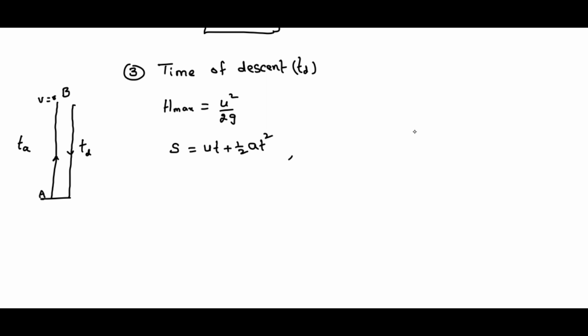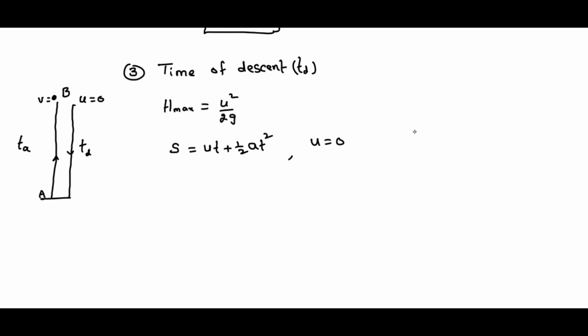In the case of downward motion, u will be 0. In the case of a vertically upward thrown body, v is the final velocity; in the case of a freely falling body, that final velocity acts like the initial velocity.